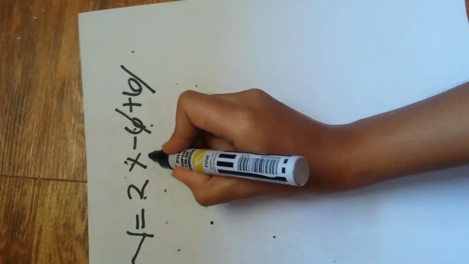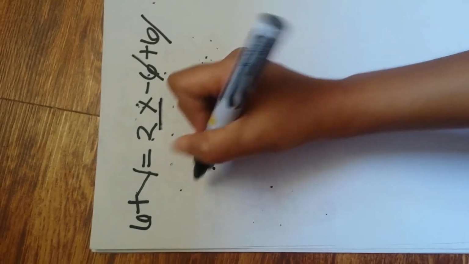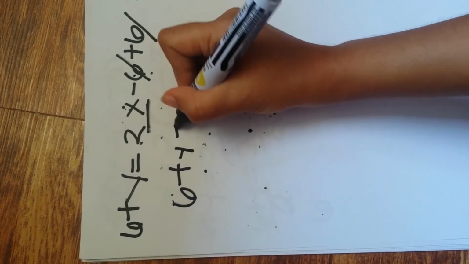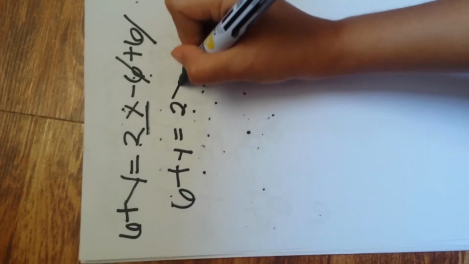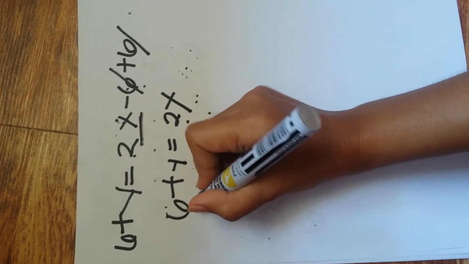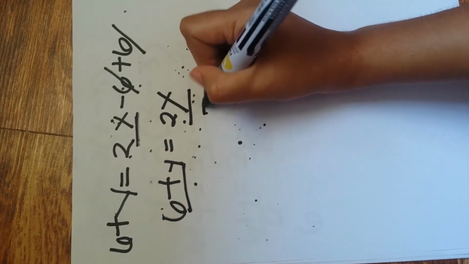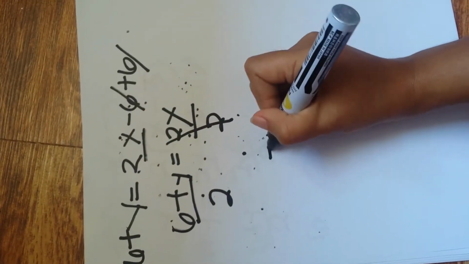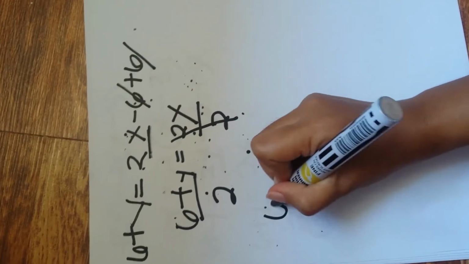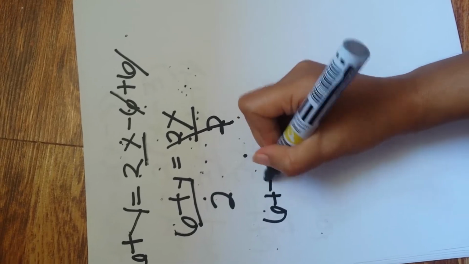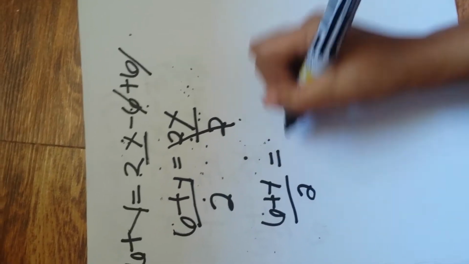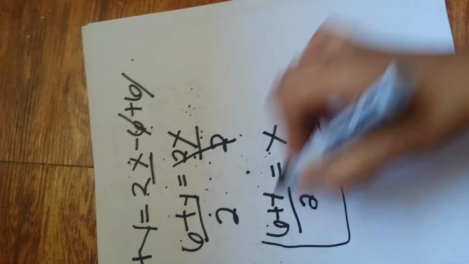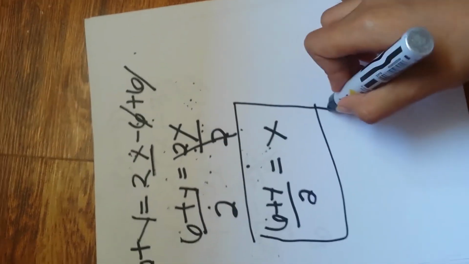So 2x will be left here. Divide both sides by 2. So this will be our x value.